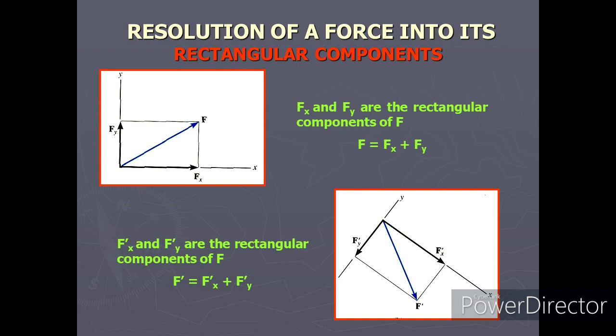These are in vector form. That's why they are bold. You remember we have learned the representation of vectors. So these are written in vector form, meaning in writing, you should write an arrow on top. Okay? This is very important. Even if you tilt the coordinates, it's the same thing. F prime is given by F prime x plus F prime y.